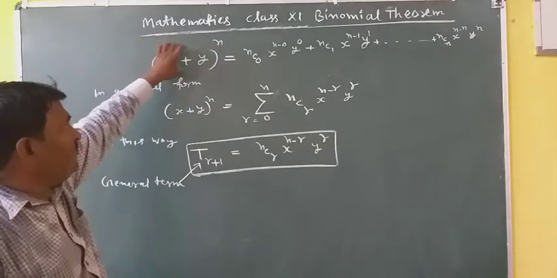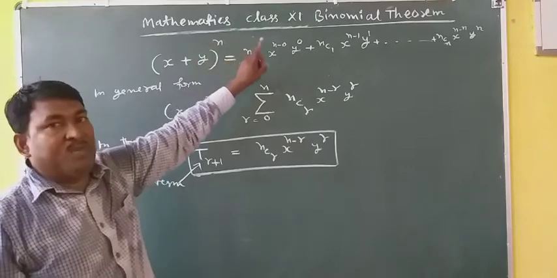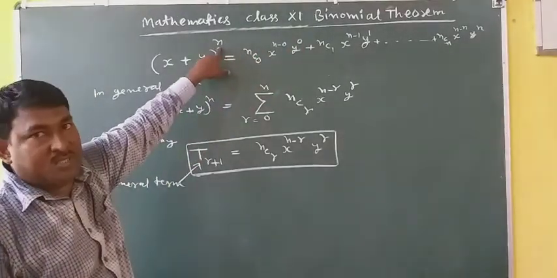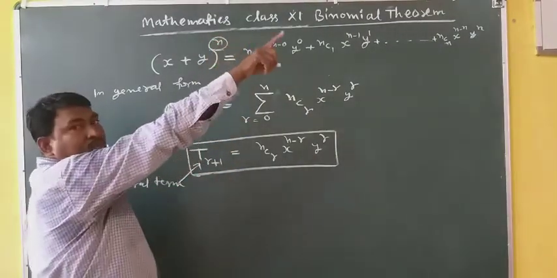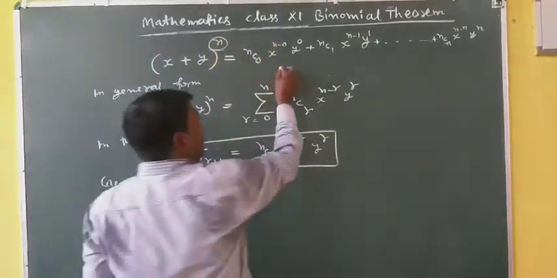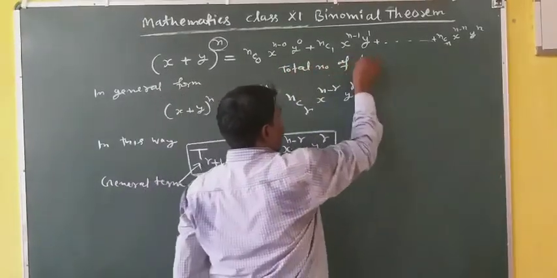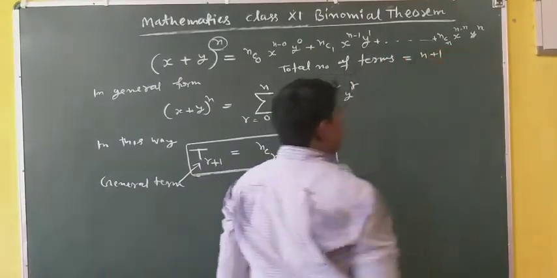In the expansion of (x plus y) power n or (x minus y) power n, there will be one more term than the index. So the total number of terms is n plus 1.